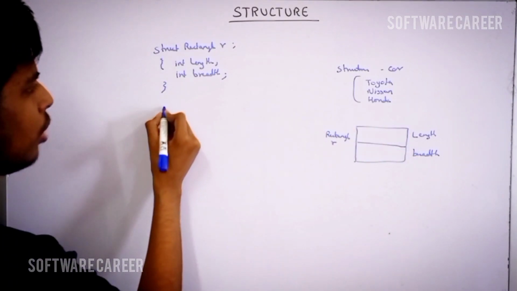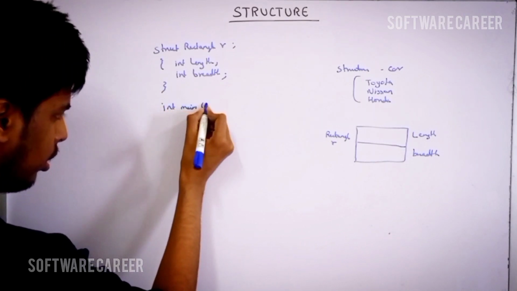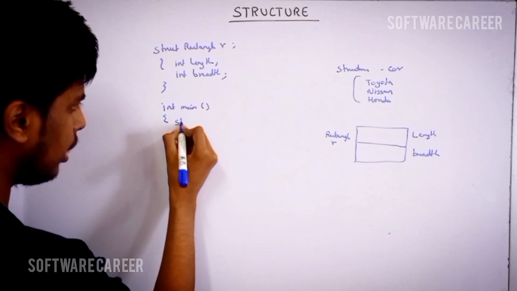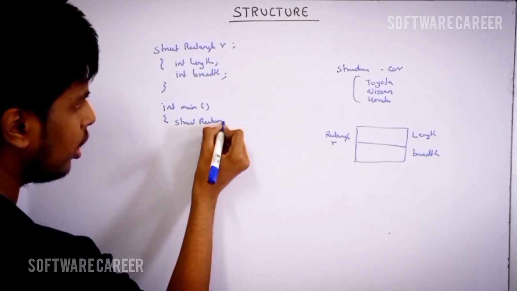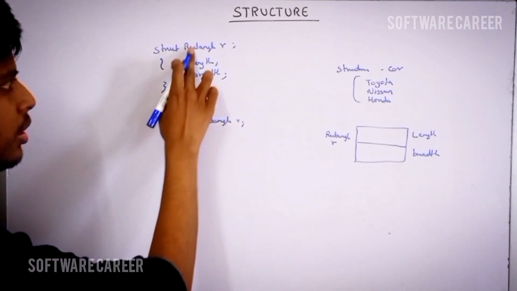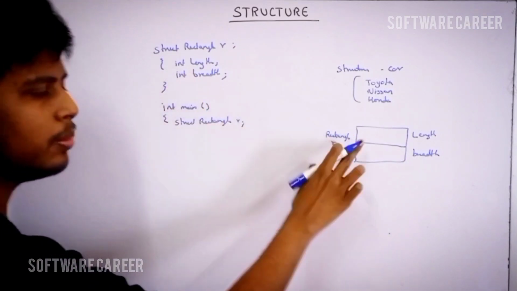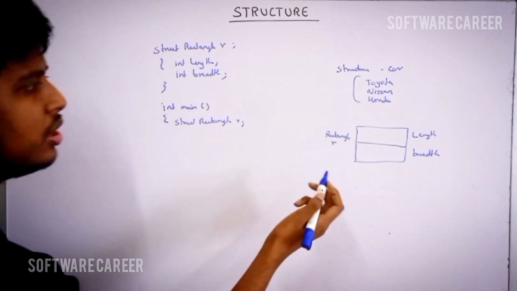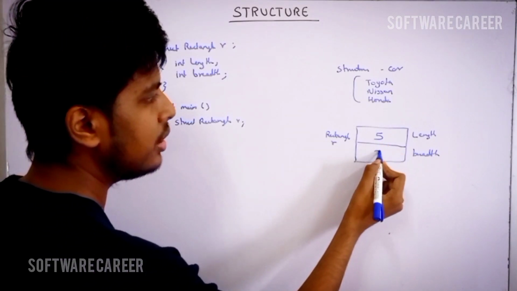Now I am writing the main function, int main. Struct rectangle R. I have declared the structure rectangle containing length and breadth. Now I want to initialize values. Suppose I am keeping length as 5 and breadth as 8.